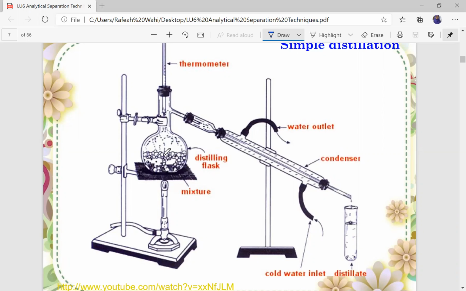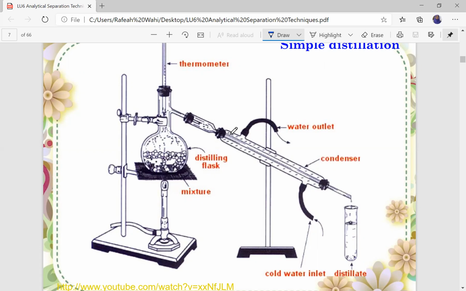Will the water vaporize? No. But will the hexane vaporize? Yes. So from this process, the hexane will vaporize and goes up to the upper part of the distilling flask and goes into the condenser.